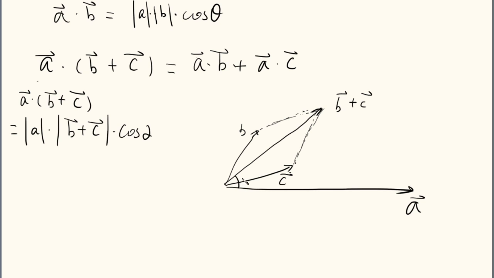This is the alpha. So the component of vector B plus vector C along A is this part. Okay.